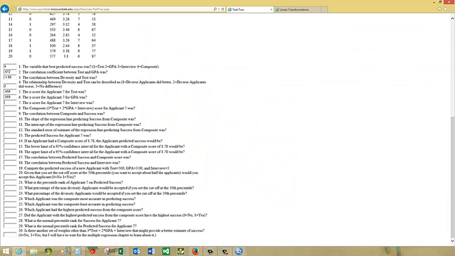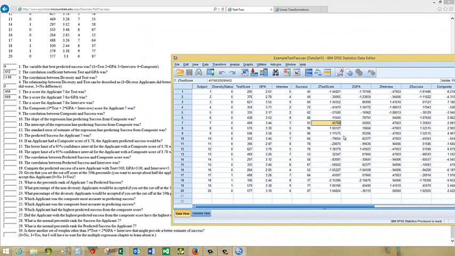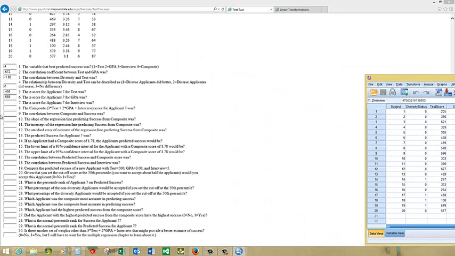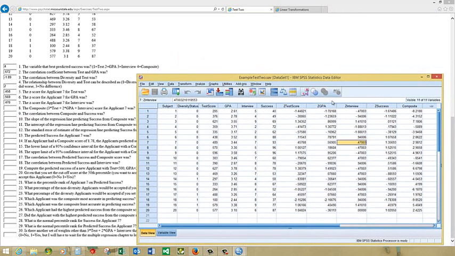Interview, looks like some easy points here. Interview was 0.470. The composite for 7 was 2. Make sure you got number 7. 2.98.